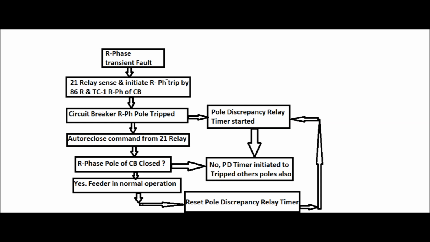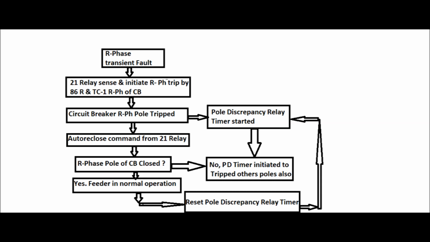How the logic is done in the pole discrepancy relay is shown in this diagram. For example, if a feeder has an R phase transient fault, it is sensed by the 21 relay, that is the distance relay, which initiates an R phase tripping by means of 86R and TC1 of R phase of the circuit breaker. Therefore, the circuit breaker R phase pole is tripped. As soon as the circuit breaker R phase trips, the pole discrepancy relay timer starts.